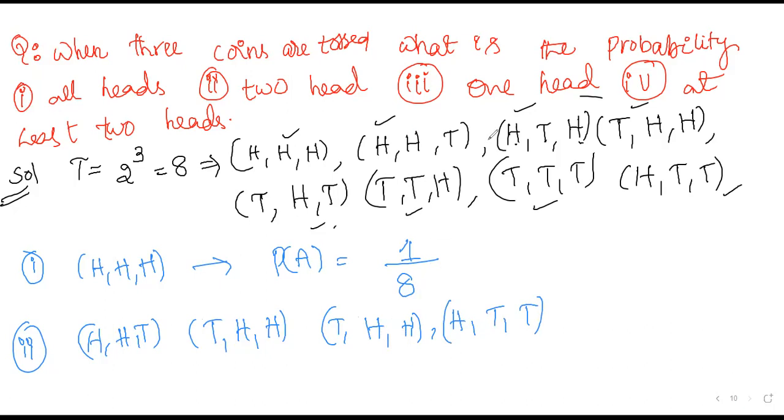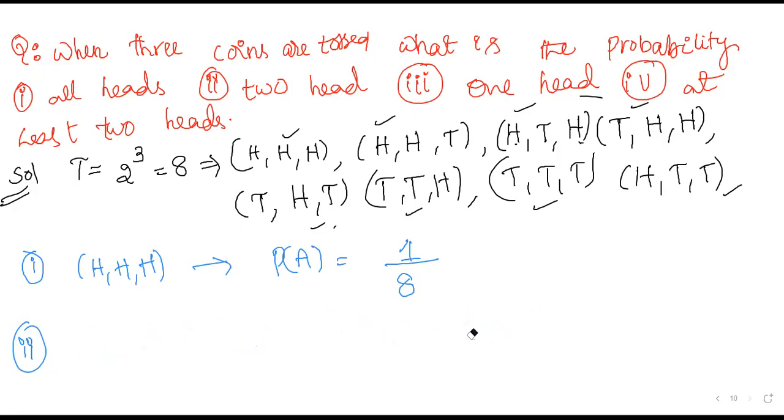But I want only one tail, I want only two heads, not all of them. Now tell me what are they?